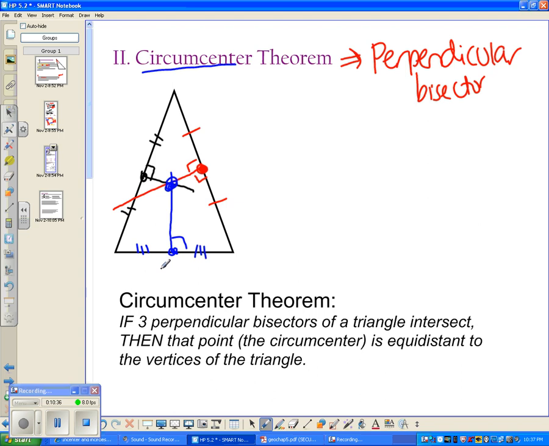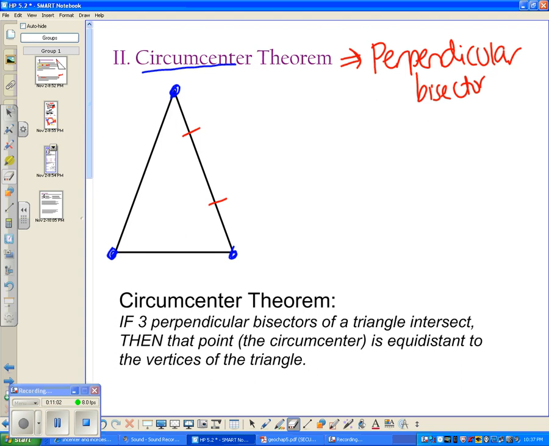And there's something special that happens with the circumcenter. It says if three perpendicular bisectors of a triangle intersect, then that point, the circumcenter, is equidistant, equal distance, to the vertices of the triangle. And when I say vertices of the triangle, I mean these things right here. So let me erase some of this stuff. Again, they're made by perpendicular bisectors. Okay, so that's important.